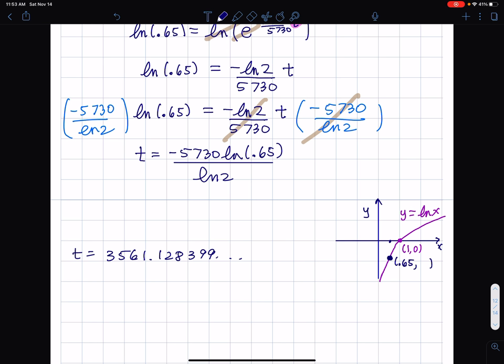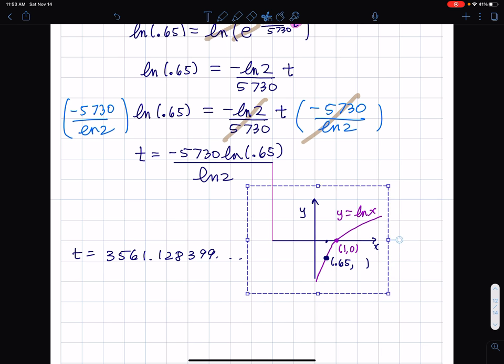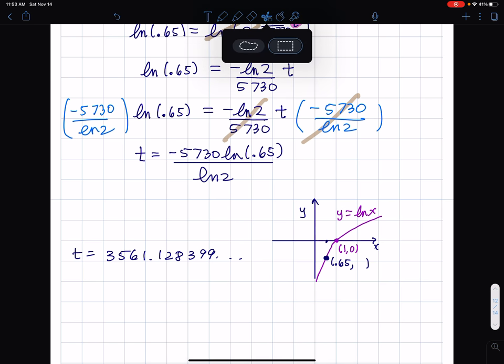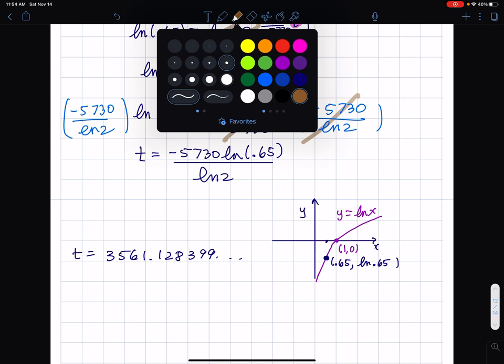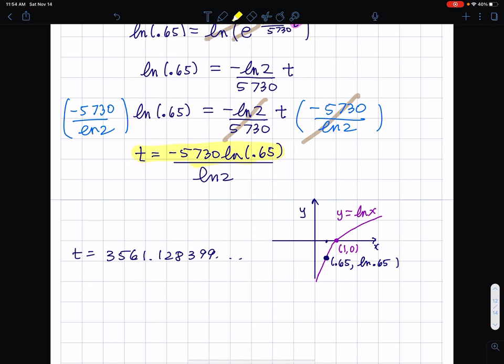You plug it in your calculator and ln 0.65 is a negative number, which makes the whole expression positive. I'm trying to show you that. So this is the exact value that I've written down here, and you need to write the exact value for a homework problem or a test problem.